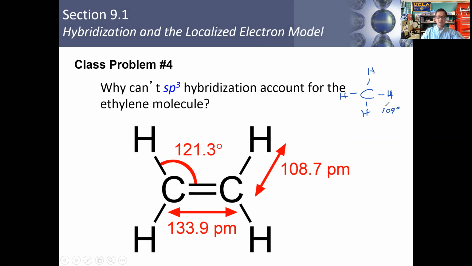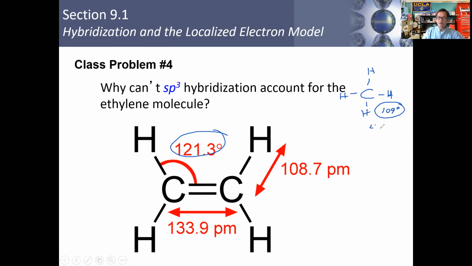The angle here is going to be important, and thus the geometry is going to be important to help us explain this. With this bond angle, this is tetrahedral. We first of all see that the ethene molecule is not tetrahedral, so it cannot have the same type of hybridization as the carbon. If the carbon here is sp3 hybridized, then it assumes the tetrahedral configuration.